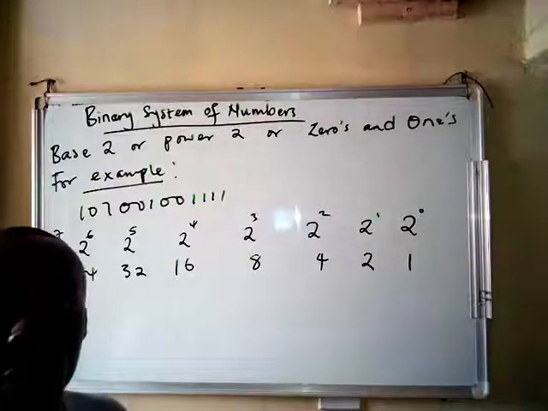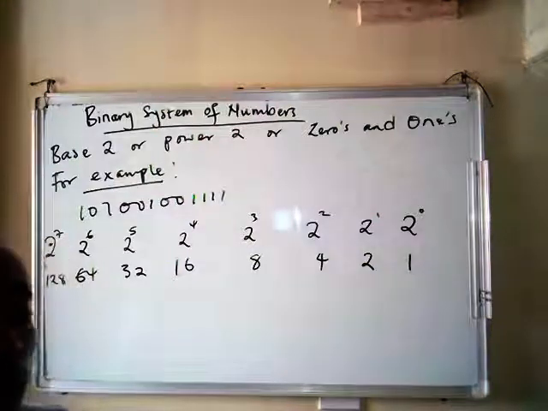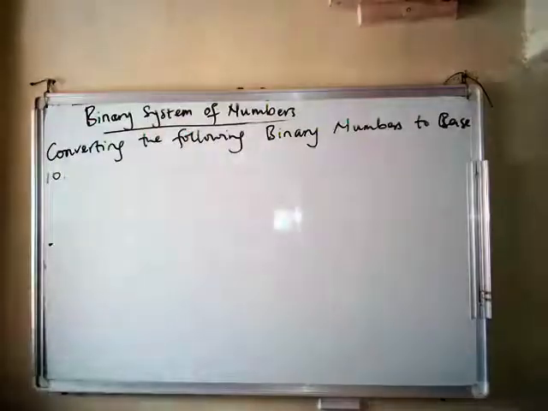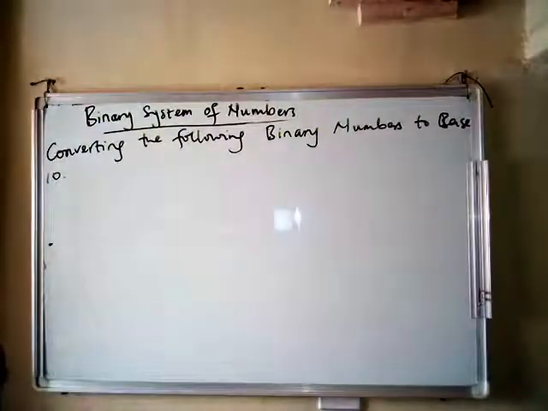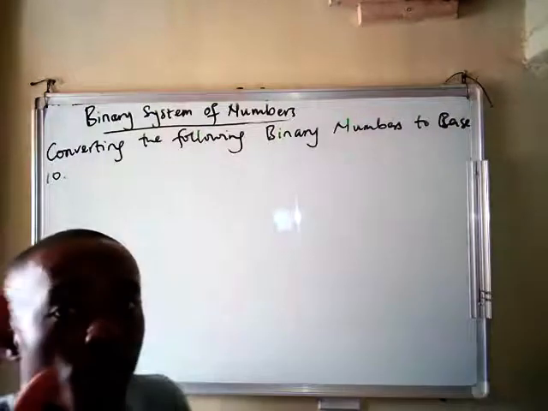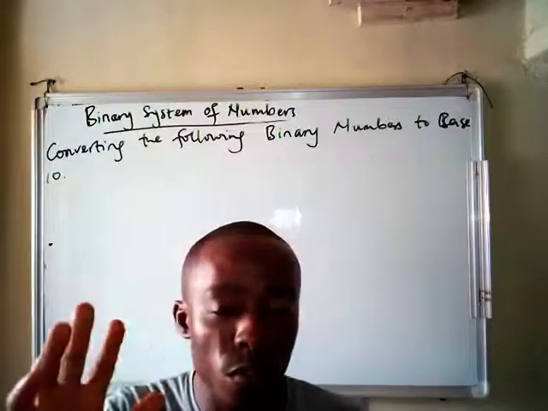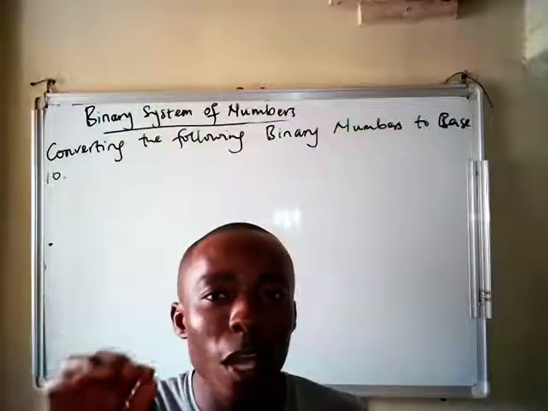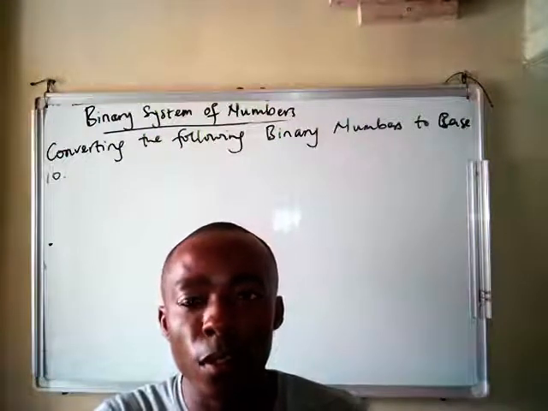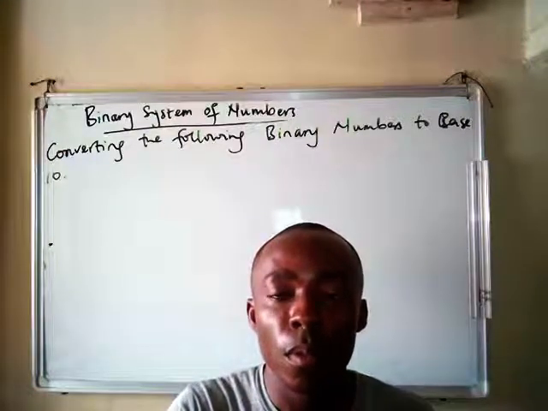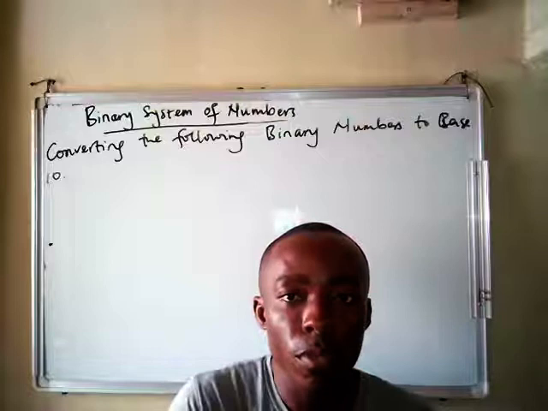Powers of 2. So if we convert these numbers to base 10, what do we have? We have 1, 2, 4, 8, 16, 32, 64, 128, that is 2 raised to power 7, like that.